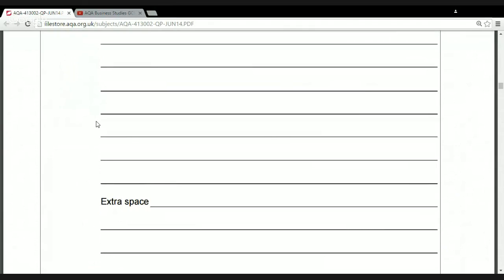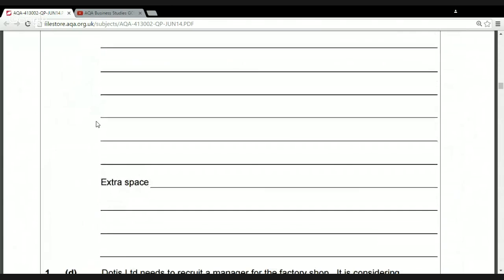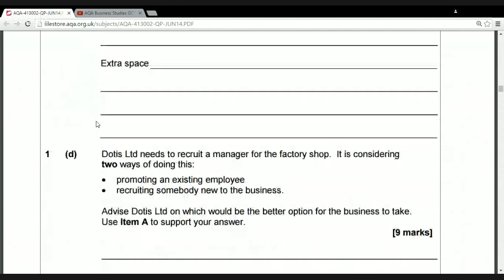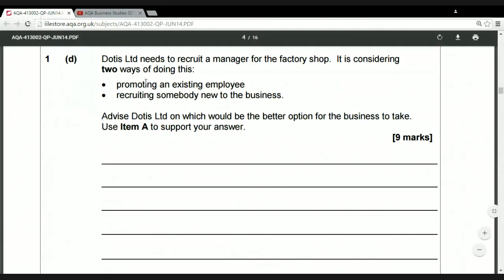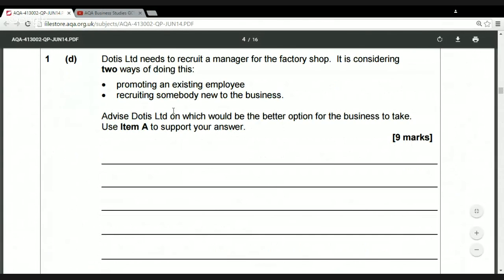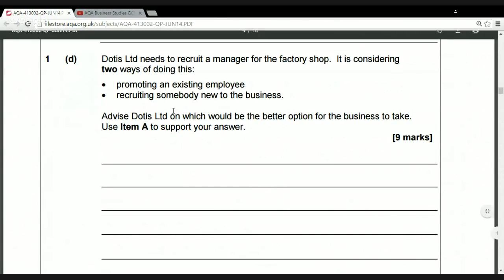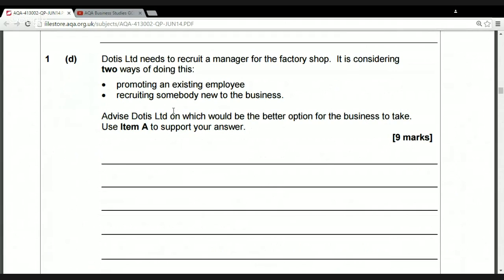Go through the first 9 mark now. We're going through the first 9 marks. So it says Dotters Limited needs to recruit a manager for the factory shop. It is considering 2 ways of doing this: promoting an existing employee or recruiting somebody new to the business.